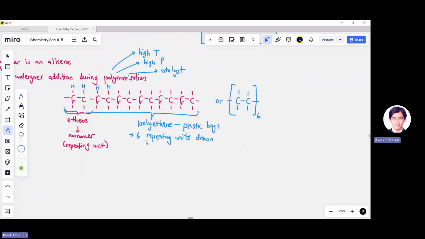Now, one more thing. Instead of writing out polyethylene, they can also write this. So you better recognize if they show you this in the exam. Square brackets are still there. Notice my bond here extends beyond the square bracket. That's the property.